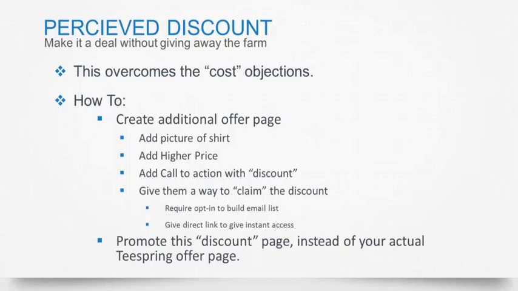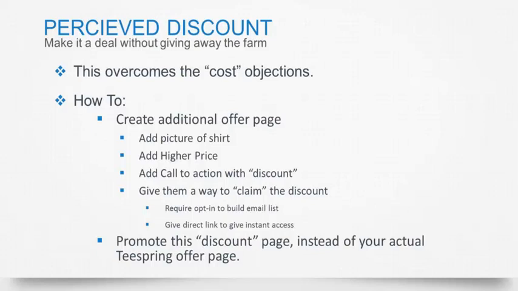What you do, you add a picture of the shirt. You add the higher price. You add a call to action that says, hey, you get it for a discount. Then you give them a way to claim that discount, and you can do it two ways. You could either require them to opt in, which allows you to build an email list, and then after they opt in, you give them the link that takes them to the discounted page, which is actually just your Teespring page.